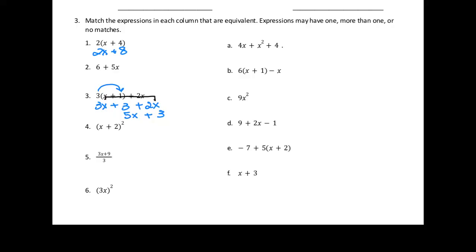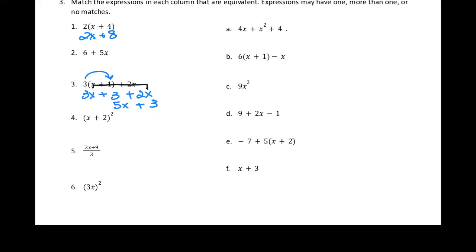This one, number 4 of problem number 3, I would recommend that you rewrite this out as x plus 2 times x plus 2. Because to simplify this, you want to make sure that you do all the distributive property correctly. So x times x is x squared.